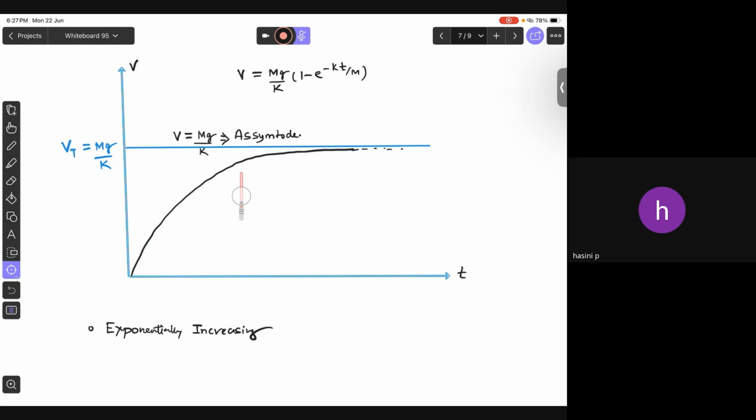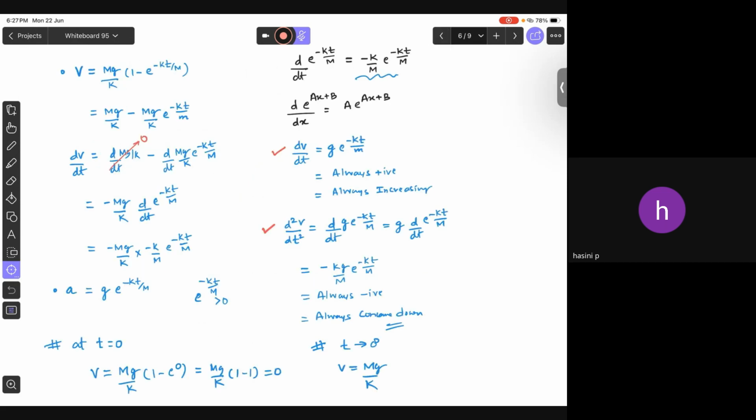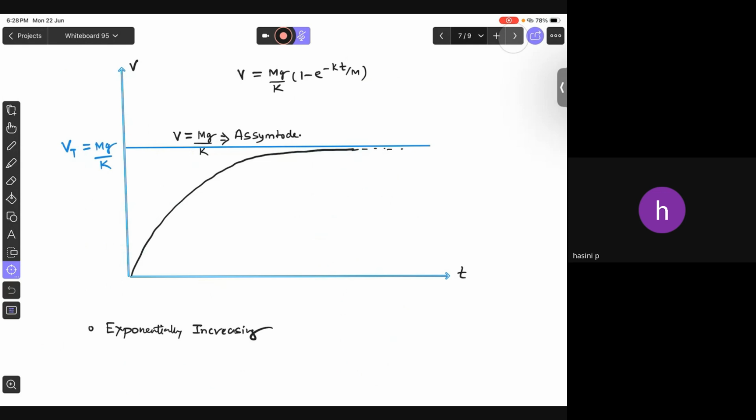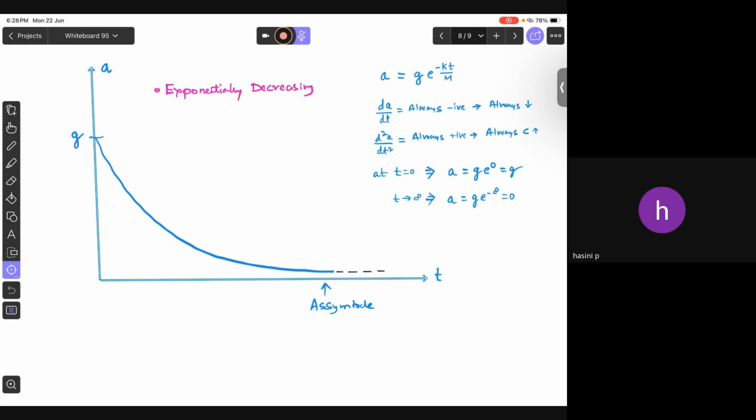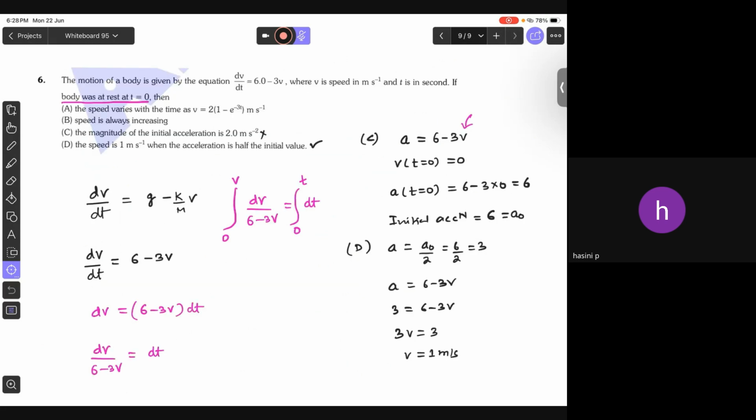Always increasing. And what is the differentiation of the exponential? Always positive. So don't worry about what happens at infinity. Before that, always increasing. Clear, no? So I hope all of you got that. Option A also correct.